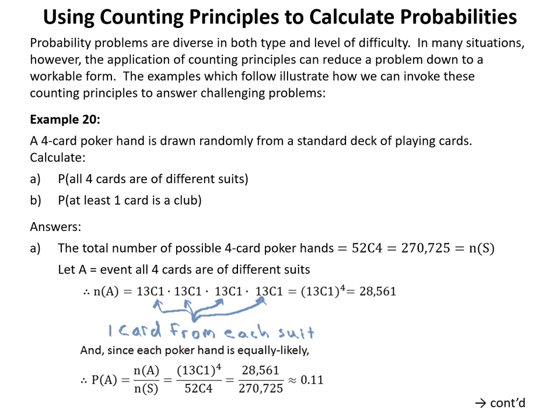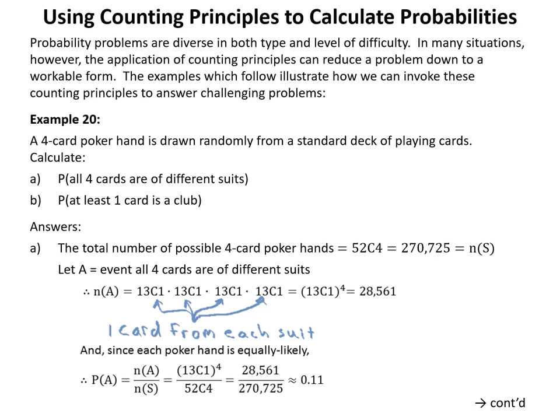Probability problems are diverse in both type and level of difficulty. In many situations, however, the application of counting principles can reduce a problem down to a workable form. The examples which follow illustrate how we can invoke these counting principles to answer challenging problems.